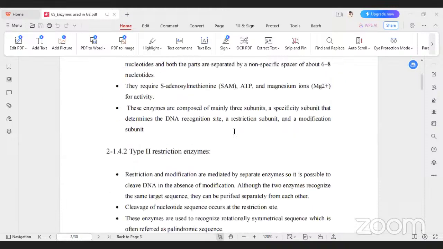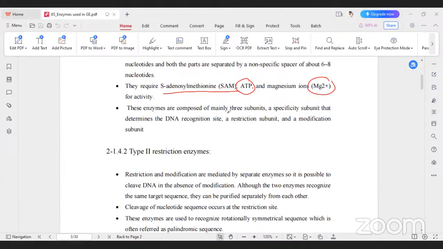For the restriction endonuclease activity, they require S-adenosyl methionine, ATP energy, and magnesium for the activity.